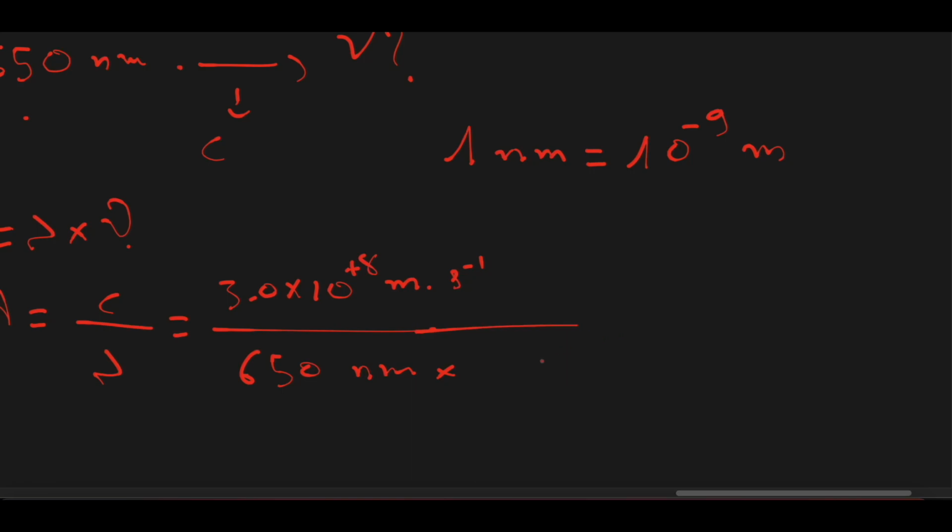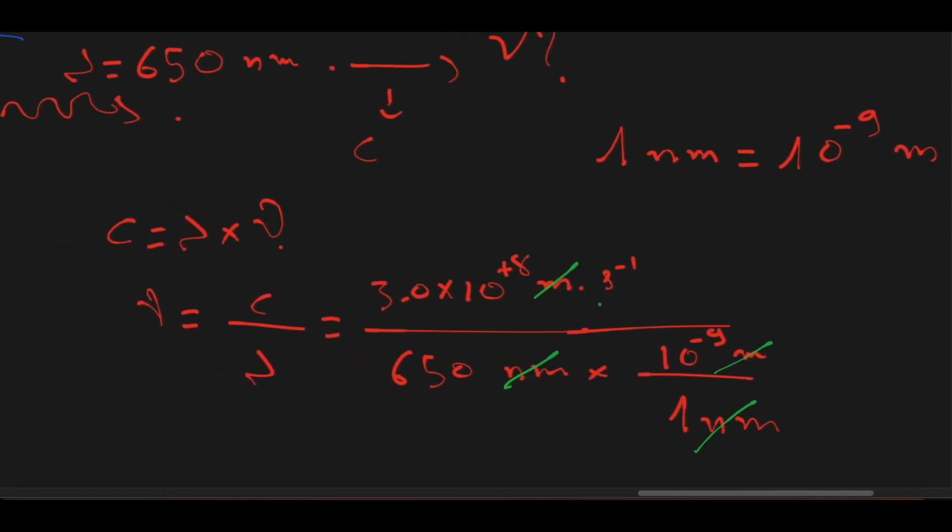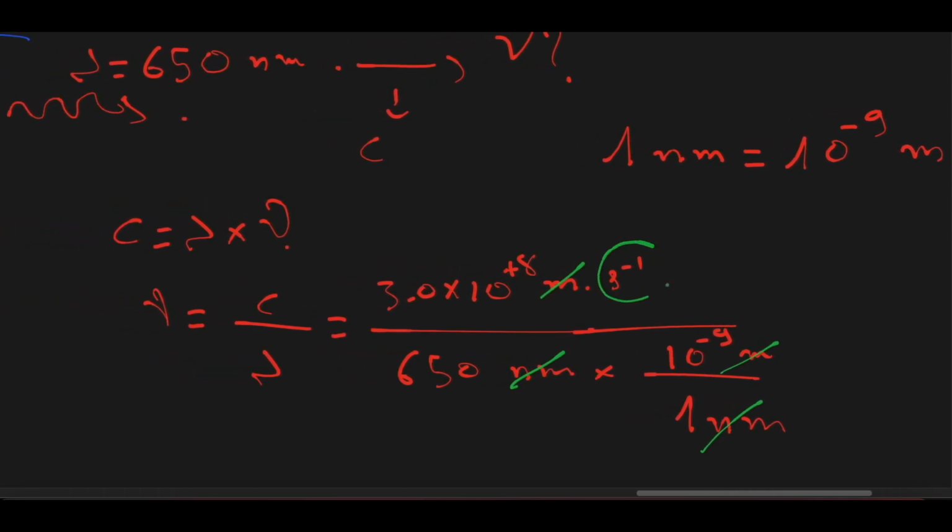So we multiply by this conversion factor, 1 nanometer, and above we have 10 to the negative 9 meters. So we can cancel nanometers with nanometers, meters with meters. At the end we get a value in second to the negative 1.